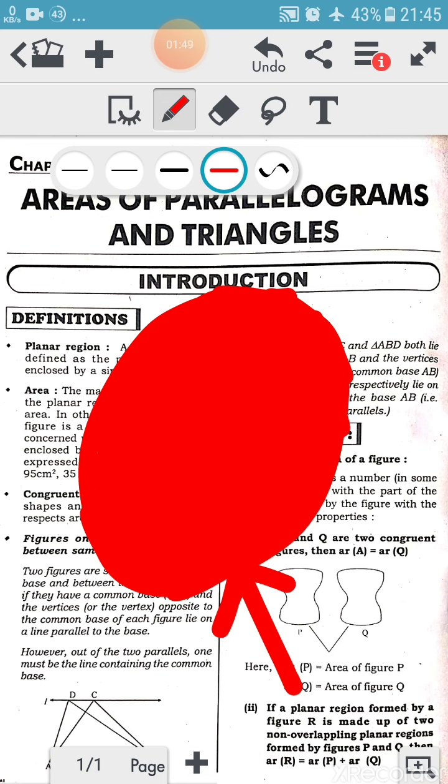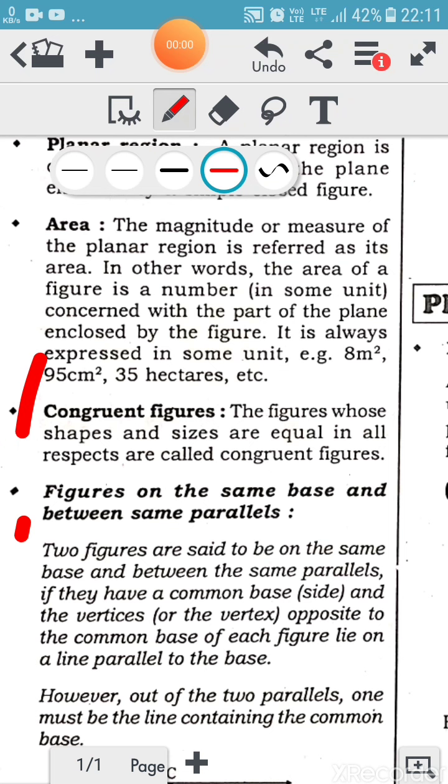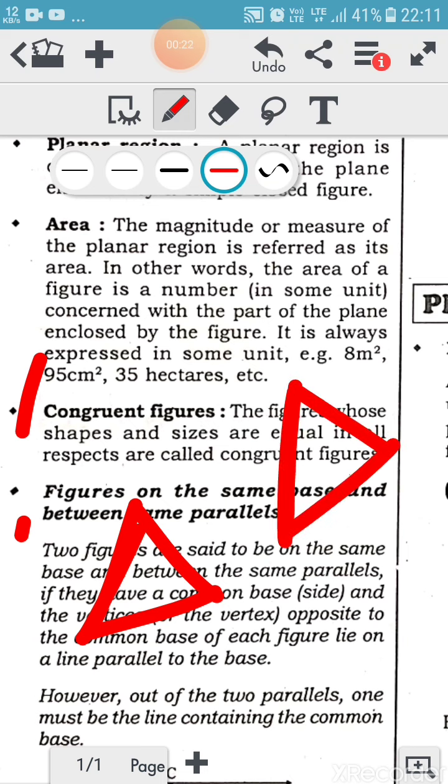Now see about congruent figures. Congruent figures are those figures whose shapes and sizes are equal in all respects. Suppose we have this one, this is one triangle and this one is another triangle.